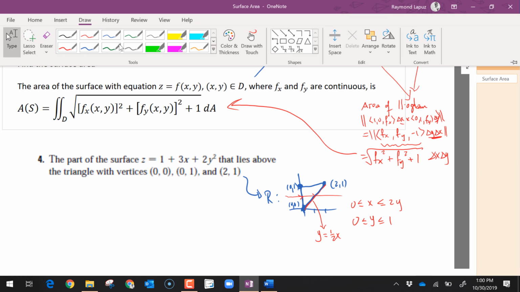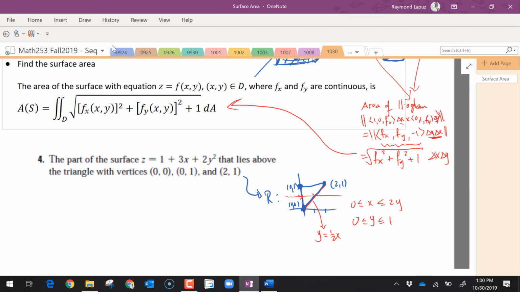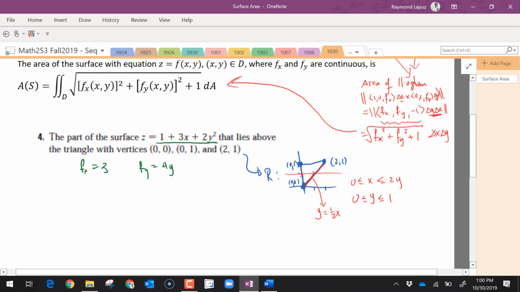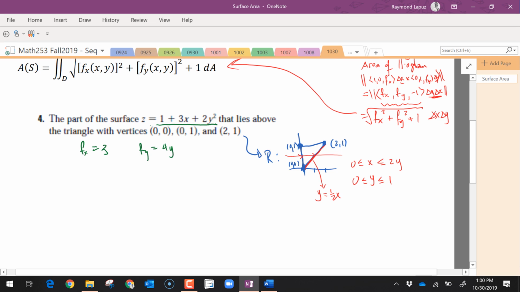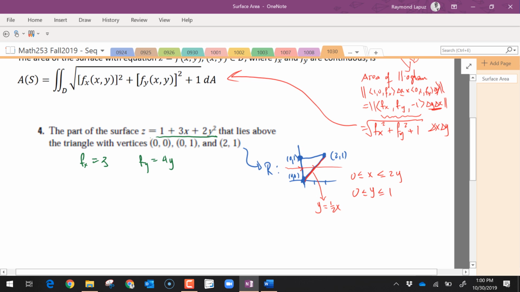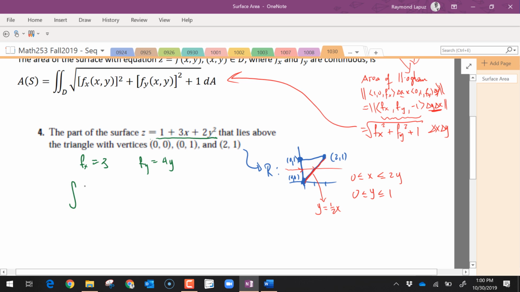Now I need to figure out my integrand, which is just a couple of derivatives. Fx is going to be 3. Fy is going to be 4y. And then that's it. So I'm going to go ahead and write my double integral.